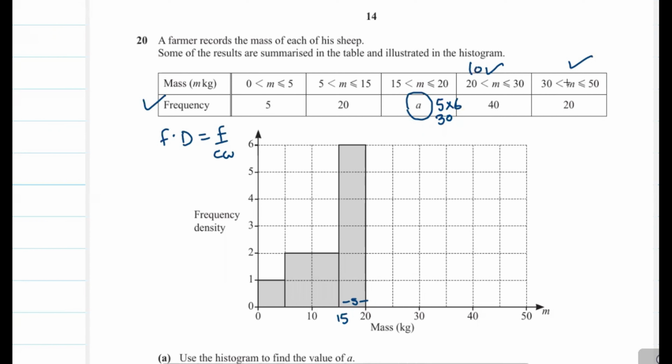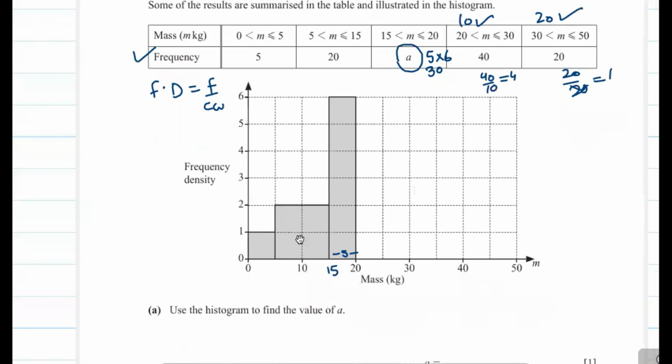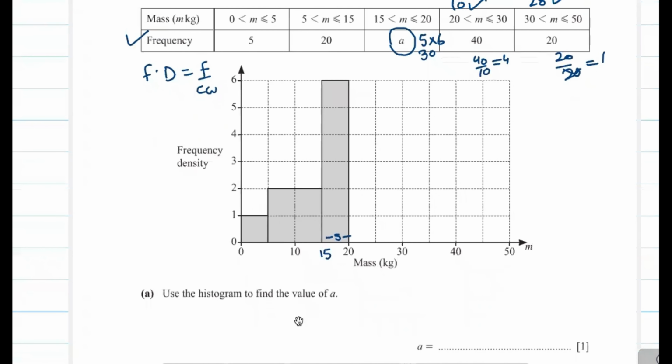Next, 50 minus 30 is 20. Now frequency 40 divided by 10, we get 4. And next is 20 divided by 20. The answer is 1 unit. Now we draw it here. Firstly 20 to 30. For 20 to 30, you have to take the frequency density 4.